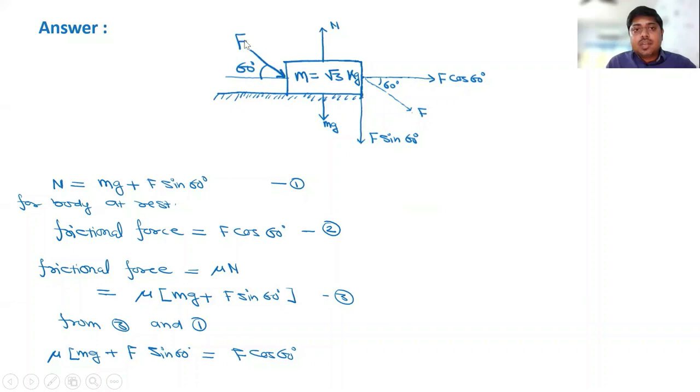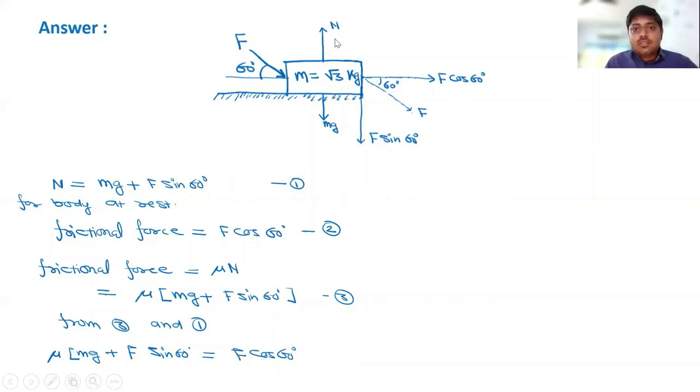And we are applying this force, so we can split it into two components. One is along the surface, that will be F cos 60 degree, because we are applying this force here at an angle of 60 degree. And one component of this force F will be downward. This will be F sine 60 degree.